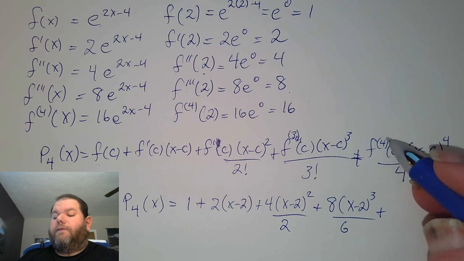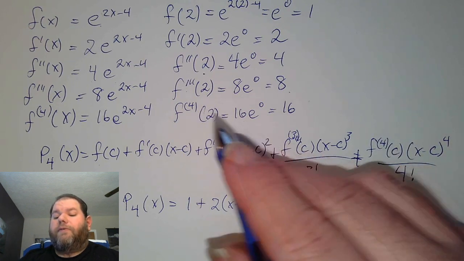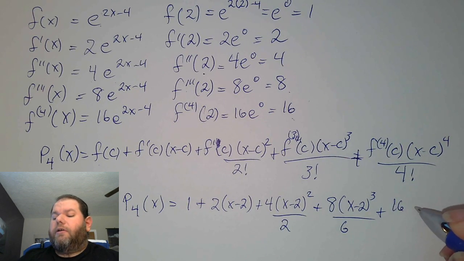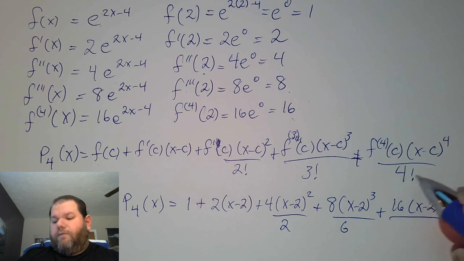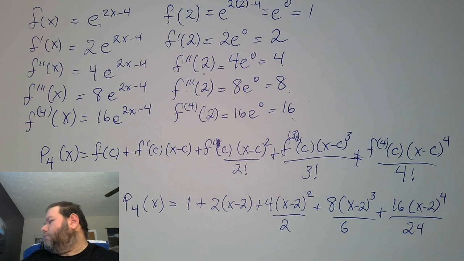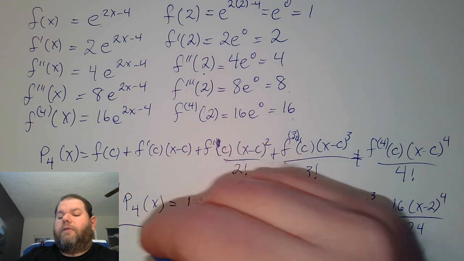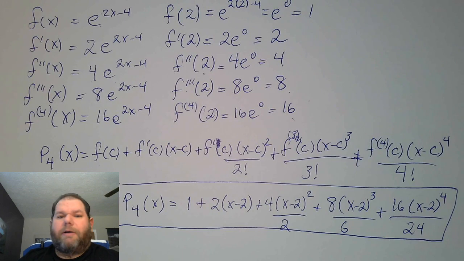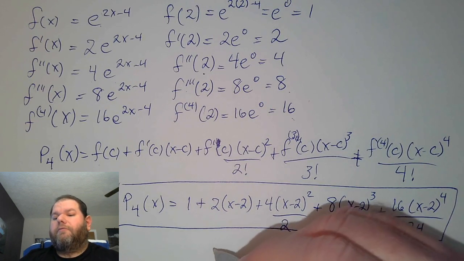And then the fourth derivative of f at c is 16, times x minus 2 to the fourth. And then 4 factorial is 24. Okay. I shouldn't have put a box around it. We have to reduce still. Look at that. Those are all reducible.